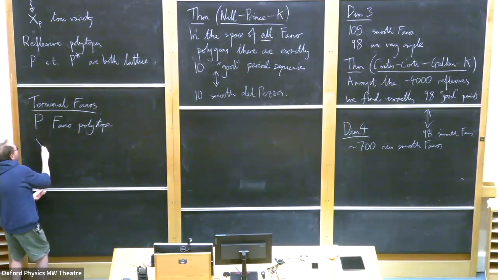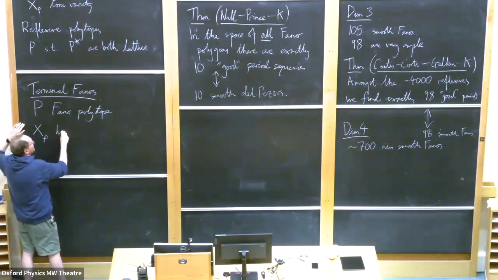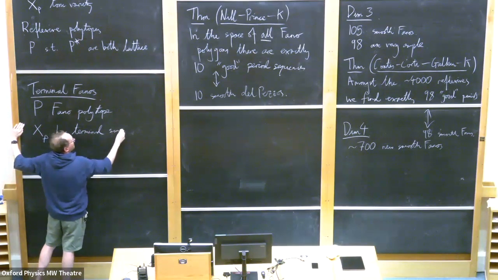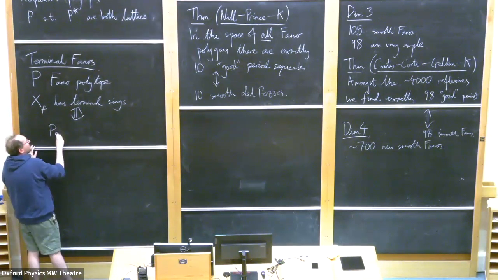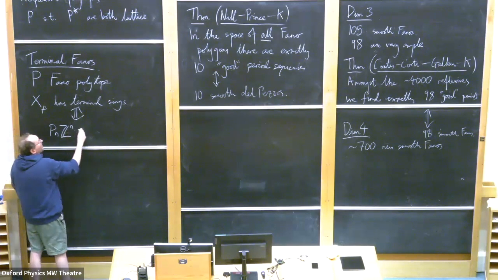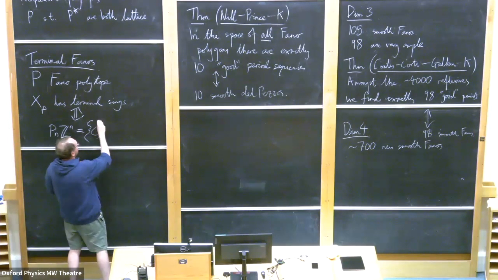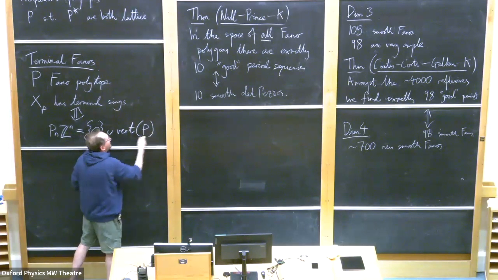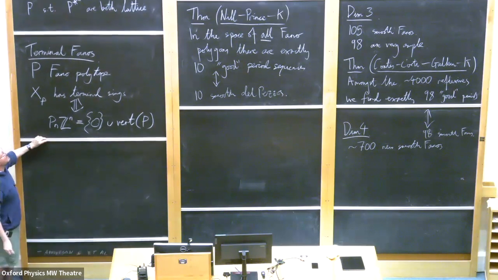We have that the toric variety X_P has what are called terminal singularities if and only if, when we intersect our polytope with the lattice, what we see is just the origin and the vertices of the polytope. Okay? So all we have is the polytope sitting in the lattice, we've just got its vertices and the origin. And these correspond to what are called terminal toric varieties.